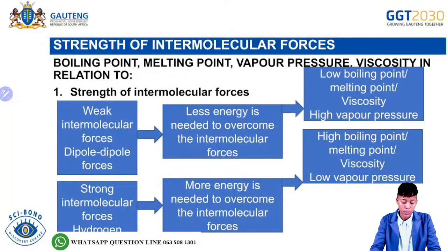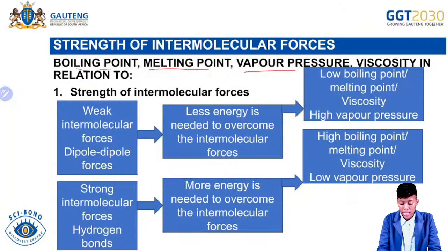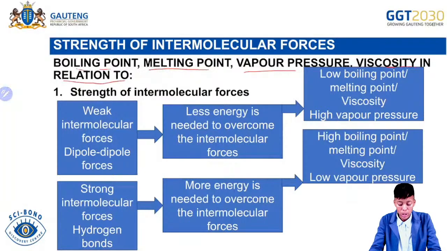It says here boiling point, melting point, vapor pressure, and the viscosity in relation to the following. Number 1, the strength of the intermolecular forces.